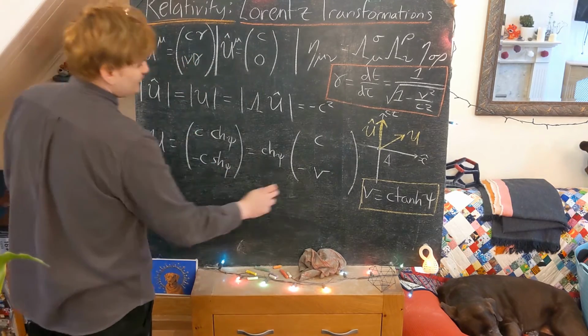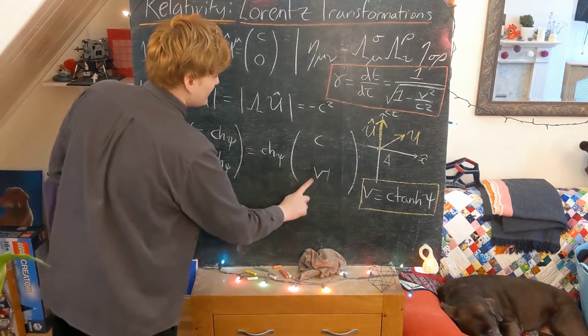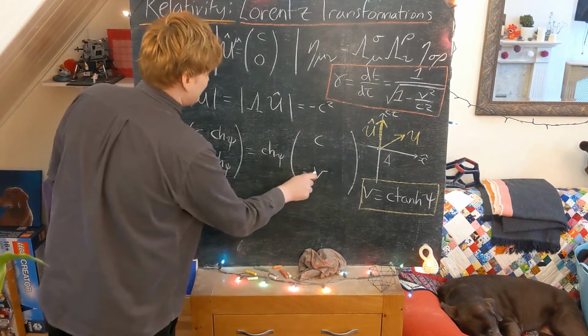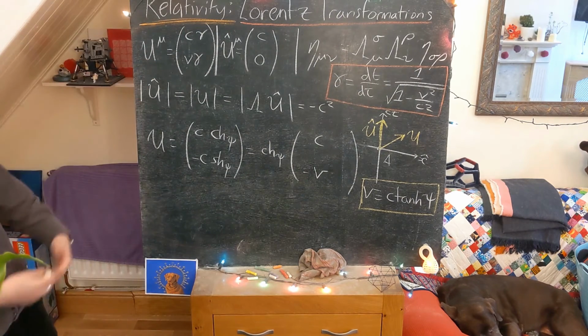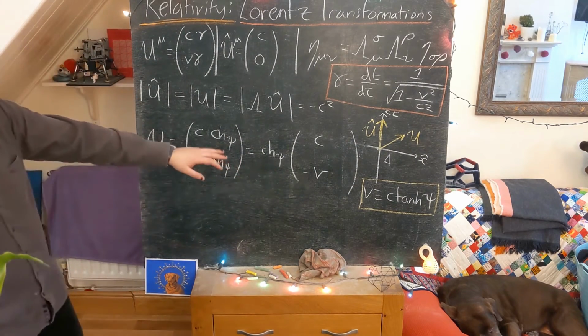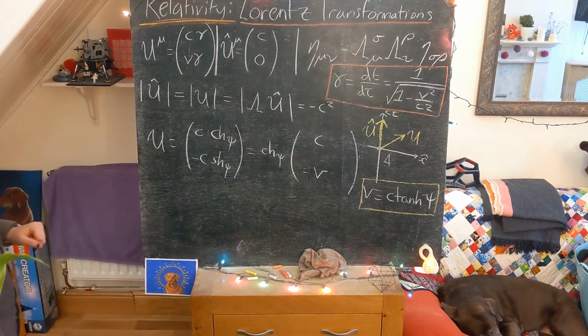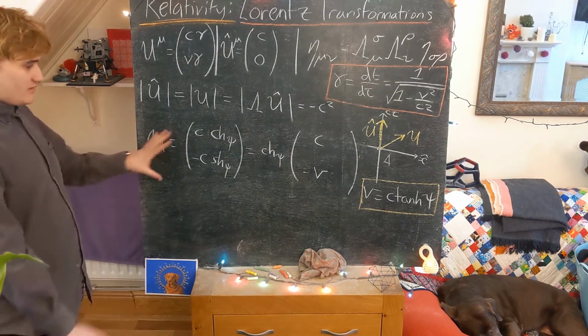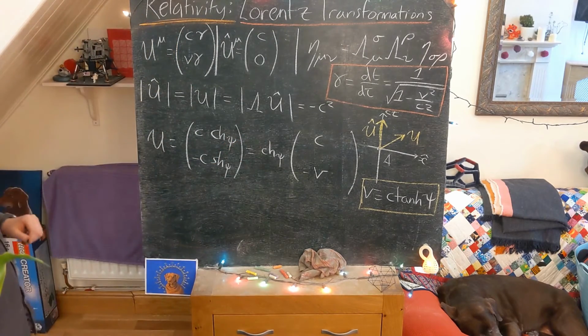So it really made more sense to just replace it with a modulus and ignore the sign. But don't worry too much, let's just leave it there for now. But essentially what we can see quite clearly is that this gamma is simply cosh psi. So let's arrive at this a bit more formally, rather than just simply comparing expressions.